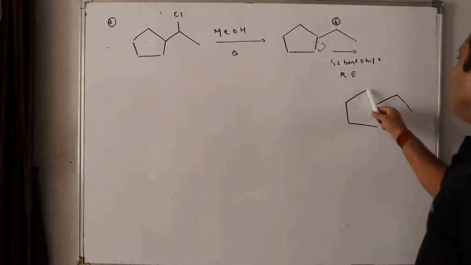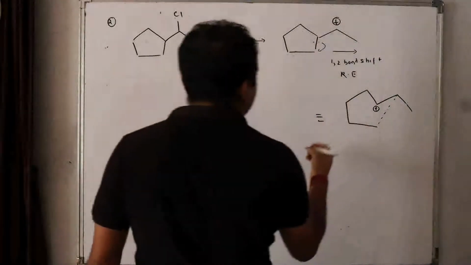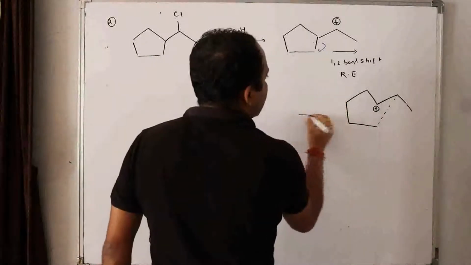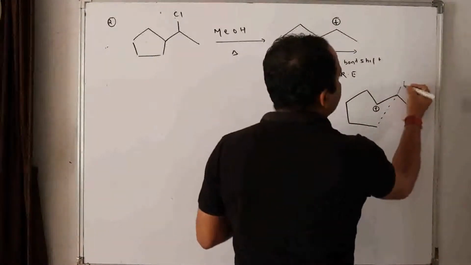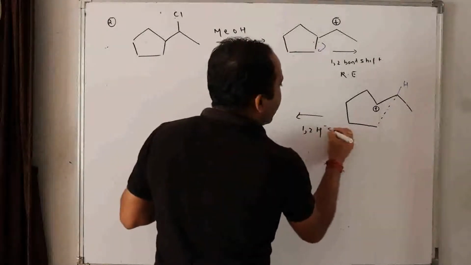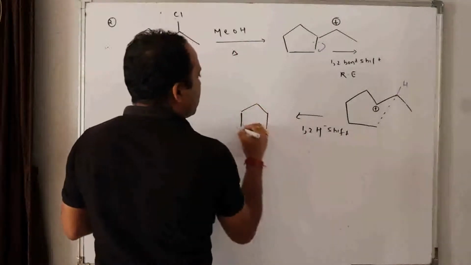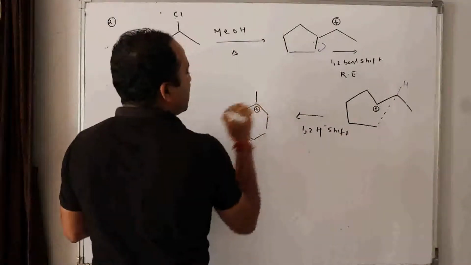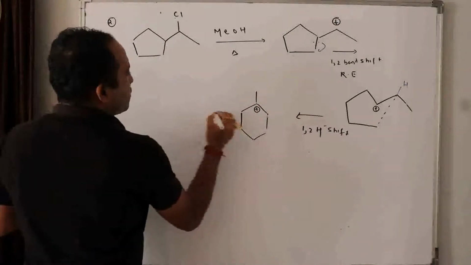So now 1, 2, 3, 4, 5, 6. Is it something like this? Now can I rearrange this again? How? Here there is hydrogen, so again it will go for a 1,2 hydride shift. Now is it a 6-membered ring with plus charge? Now it will give us two products.